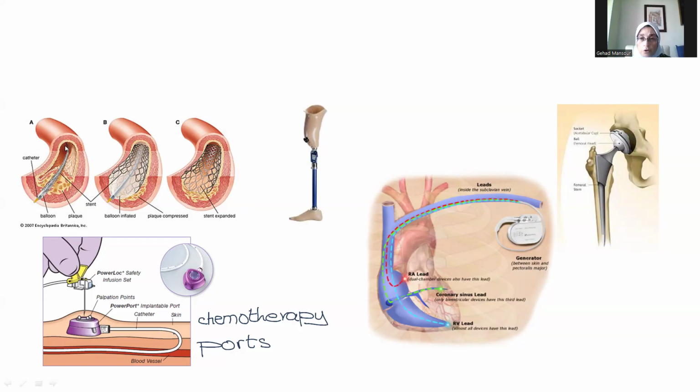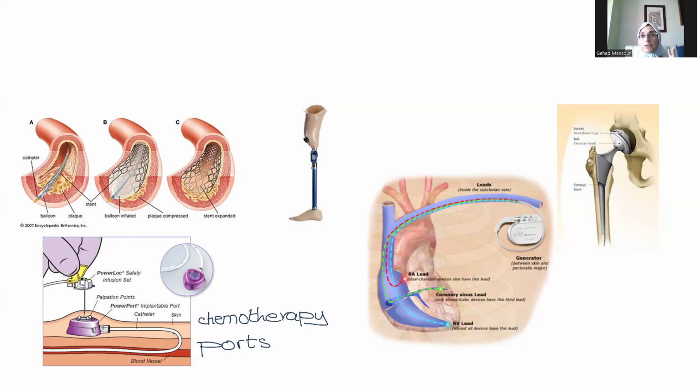Once it reaches the coronary artery, you inflate the balloon. So the coronary artery that was previously closed, occluded and obstructed by fatty deposits and cholesterol will be opened, and you now insert that grid-like material that is the stent, and the stent is kept there.